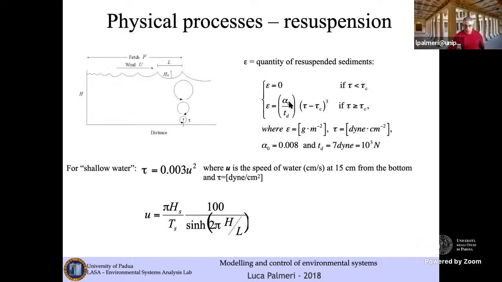So in this quantity we have a force divided by a force, multiplied by a dimensionless quantity. This is a dimensionless quantity describing the quantity of resuspended material.